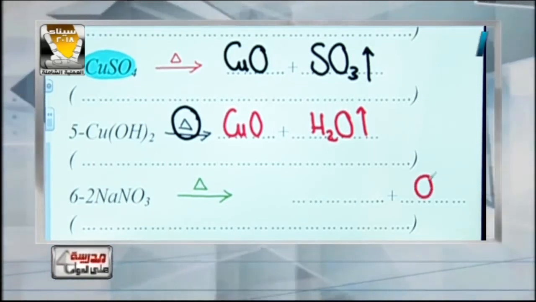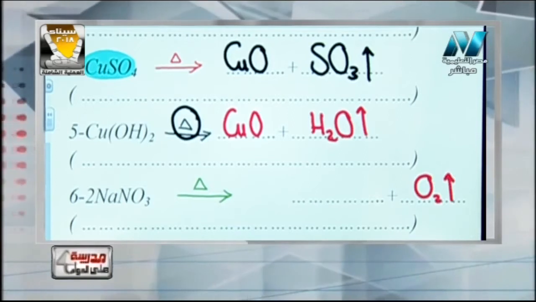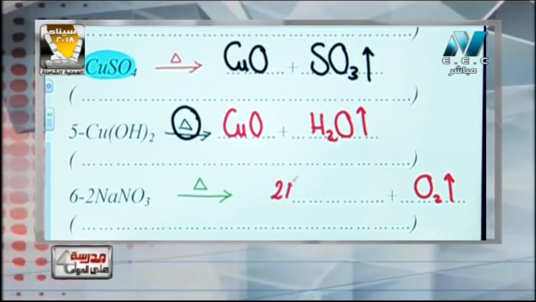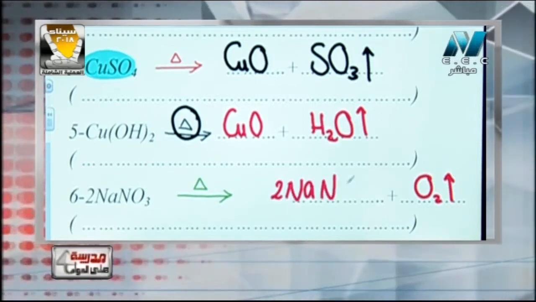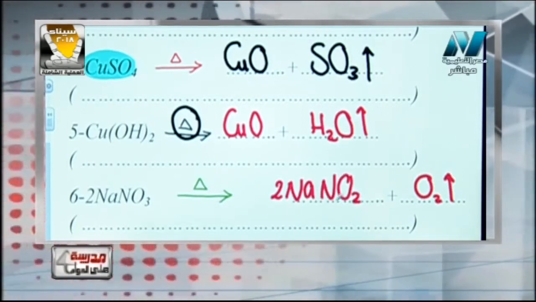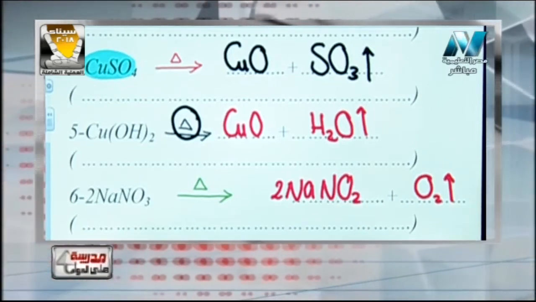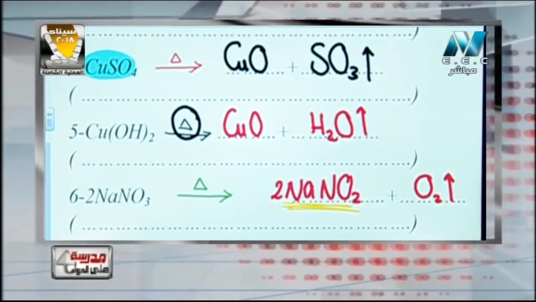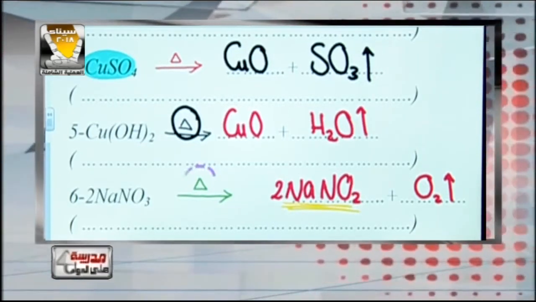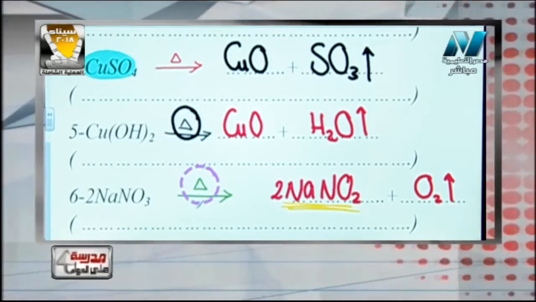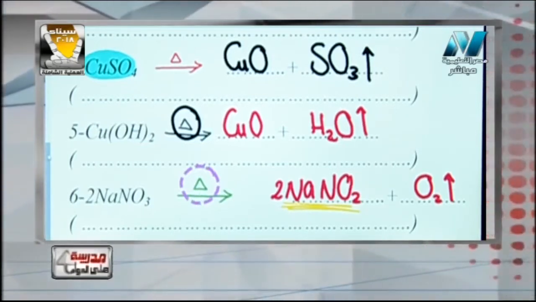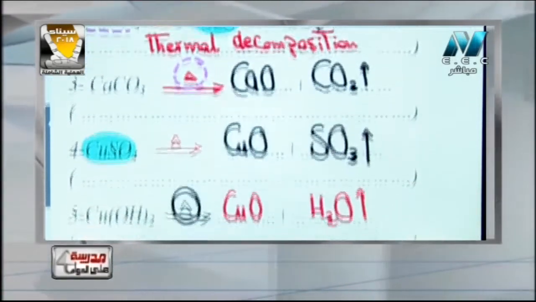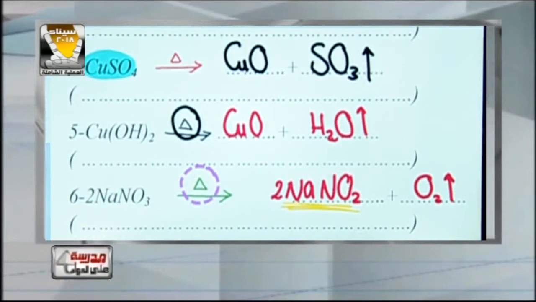So here O2 gas evolves, and we write the rest of the atoms as 2NaNO2, sodium nitrite, and its color is yellowish white. If we have a triangle above the arrow, we talk about thermal decomposition reactions. So here we have the 6 equations in the thermal decomposition reaction.